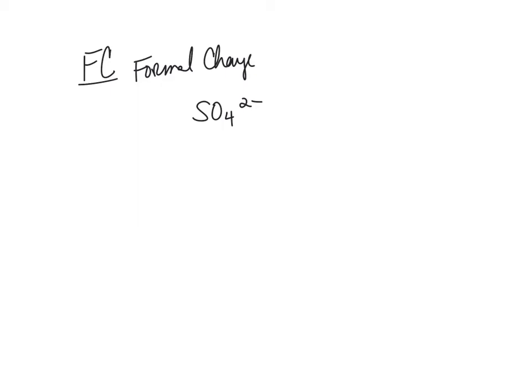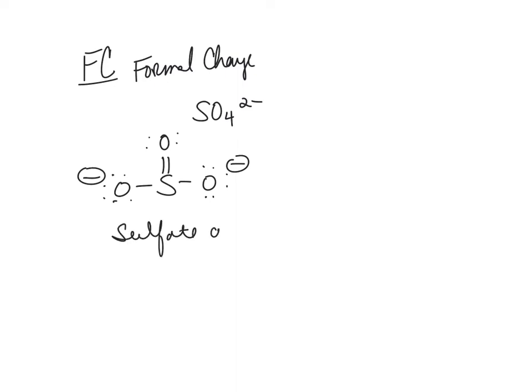Okay, so let's look at something like that. So sulfur is, and I will just show you this. This is its Lewis structure. Okay, so that is the sulfate anion. Okay, the polyatomic anion that you all have memorized with the charge.